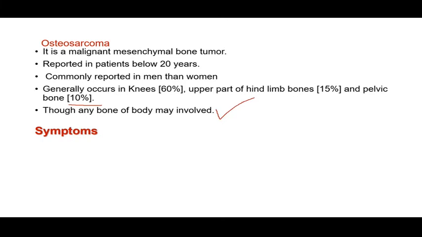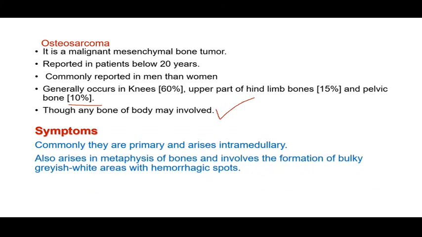As far as symptoms are concerned, the most common type of osteosarcoma is primary and intramedullary, arising from the medulla. It arises in the metaphysis of the bones and involves formation of bulky, grayish-white areas with hemorrhagic spots.